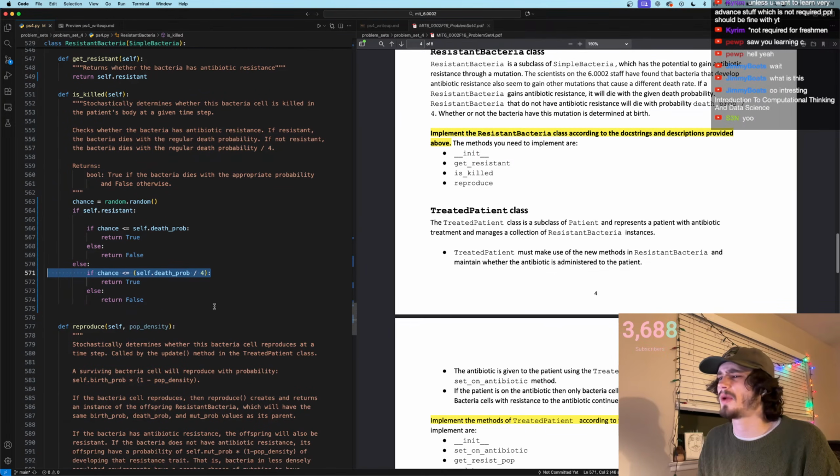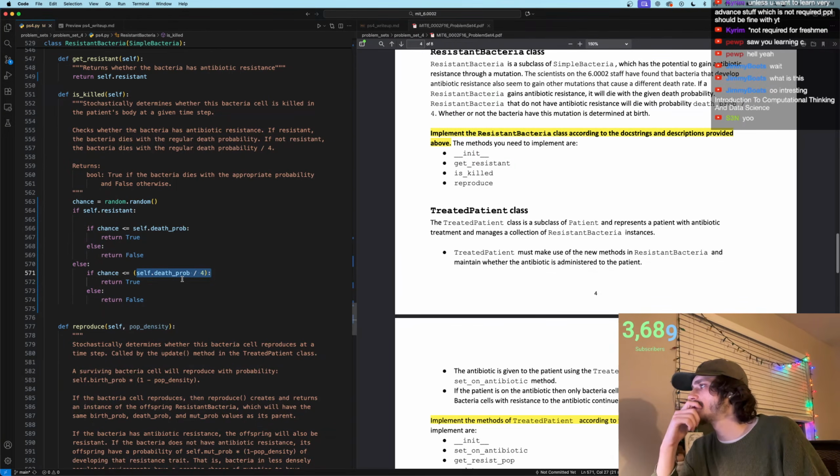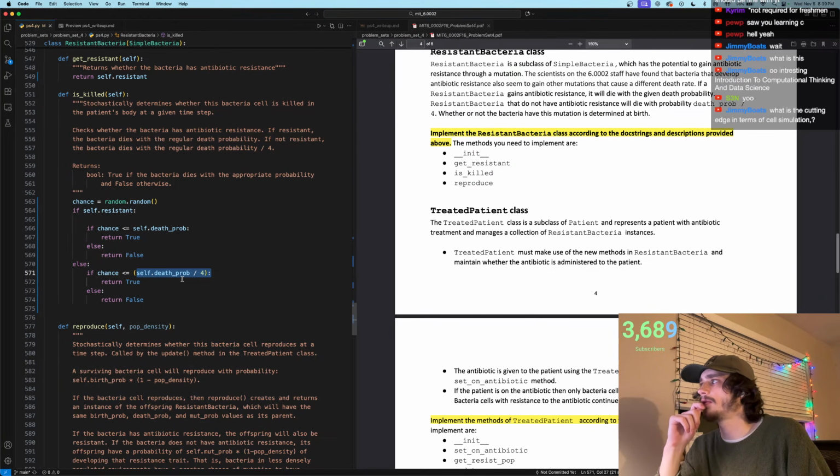Right? But why am I dividing this value by 4? That would make my chance even harder if it is not antibiotic resistant. Bacteria that do not have antibiotic resistance will die with the probability of the death probability divided by 4.